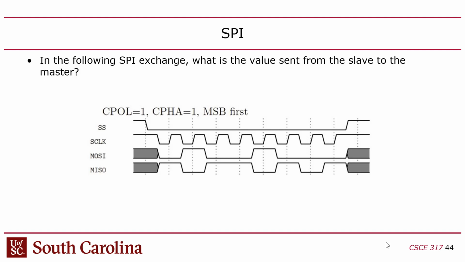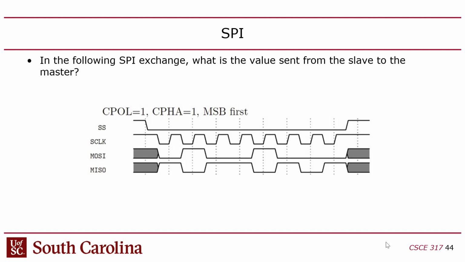The timing diagram has dotted lines that denote each clock cycle, but in this case the dotted lines just happen to fall on the read points, which is the second edge of the clock, because of the way CPHA was set up. So you can use these dotted lines as your guide.